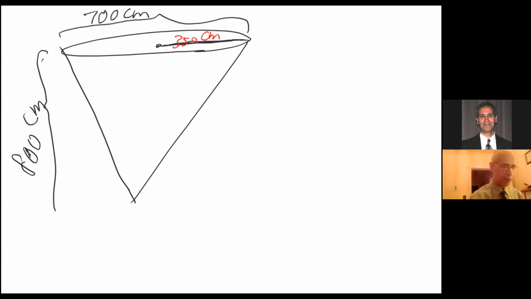We know the rate that the water is leaking out, so the change of volume dV/dt out is minus 8,000 cubic centimeters per minute.